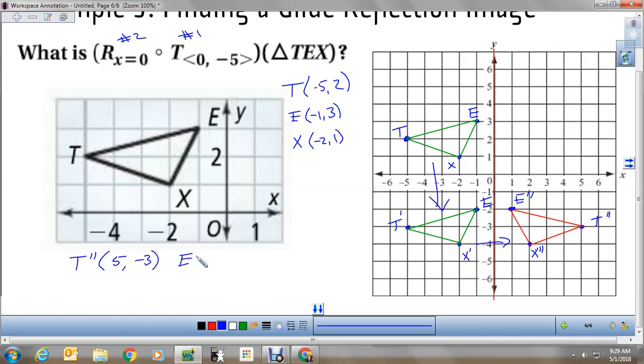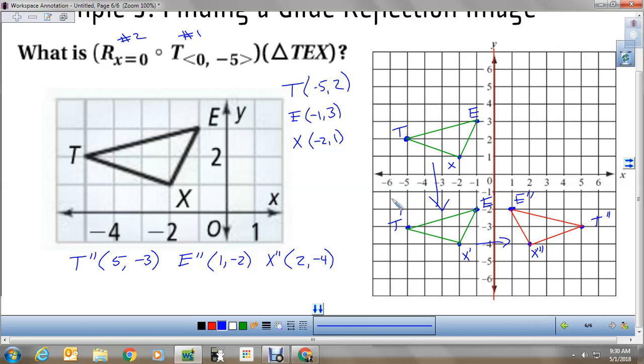E double prime is at positive 1 and negative 2. And X double prime is at positive 2 and negative 4. So this is a glide reflection.